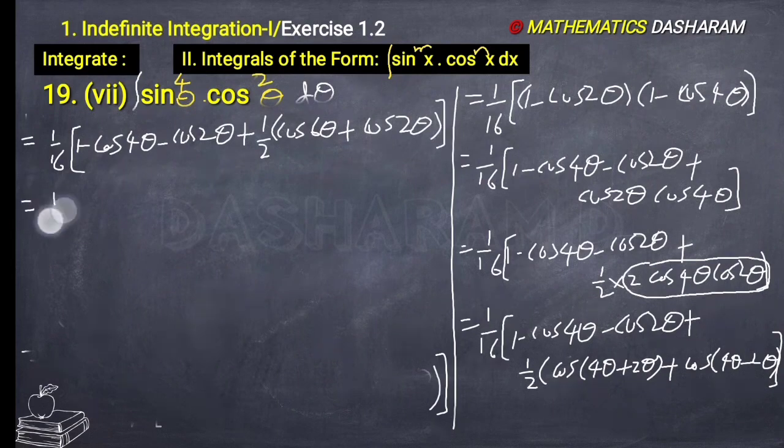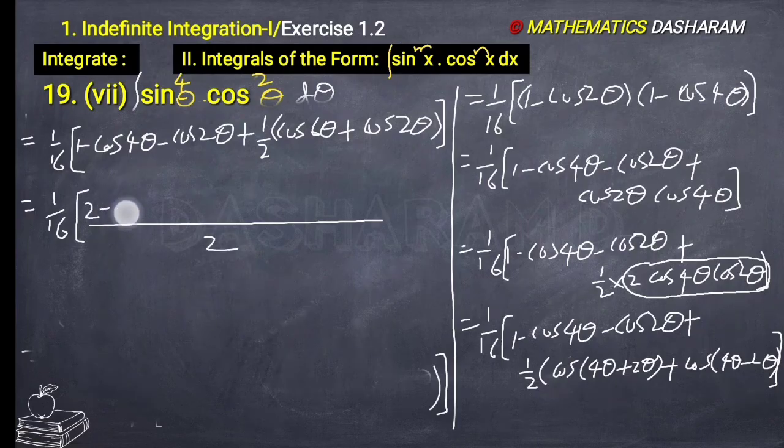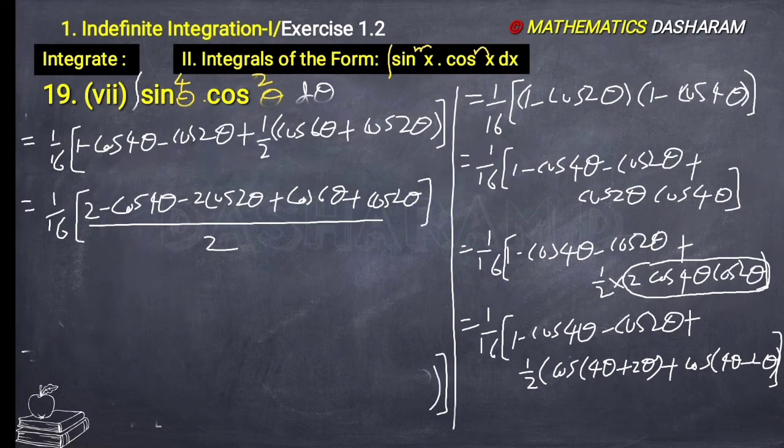So then it is equal to 1/16 bracket of, here take the LCM, 2 is the LCM, then 2 minus cos 4 theta minus 2 cos 2 theta plus cos 6 theta plus cos 2 theta. So it is 16 into 2 is 32.